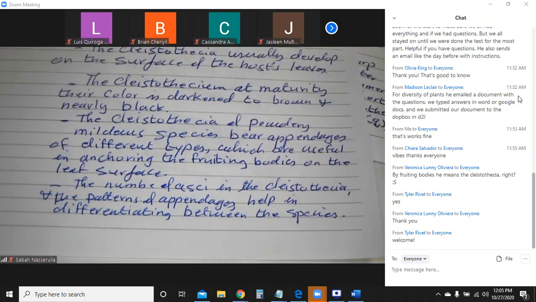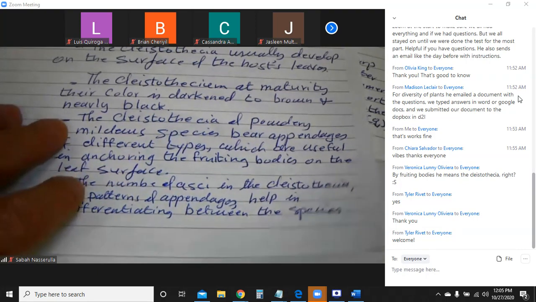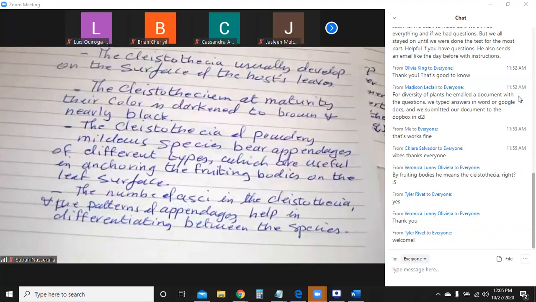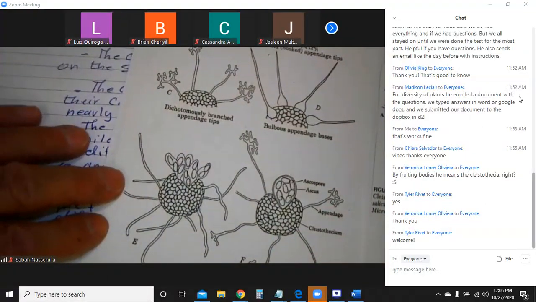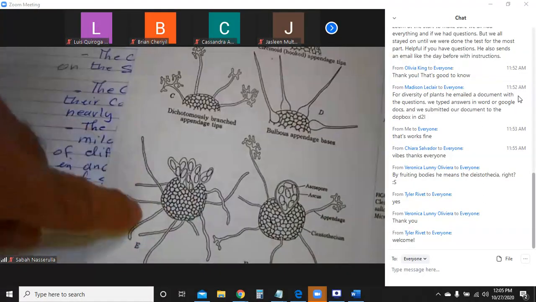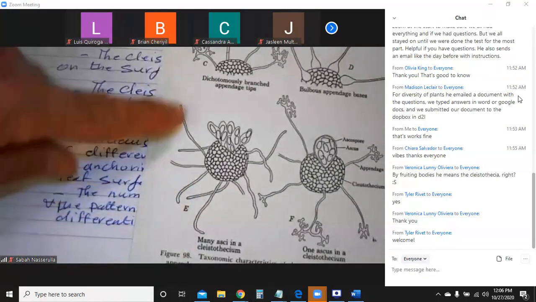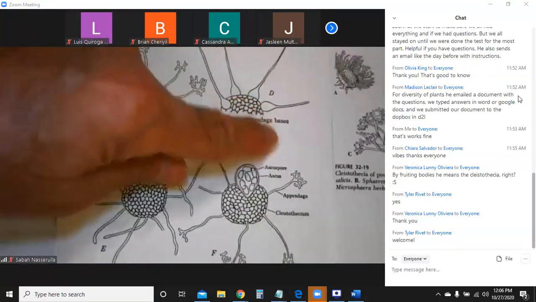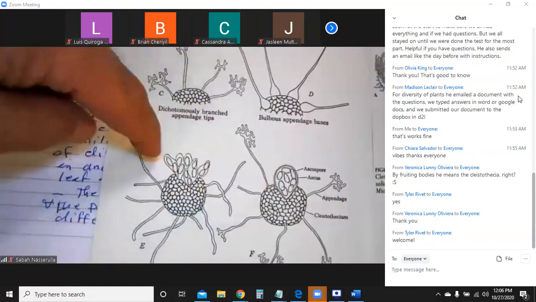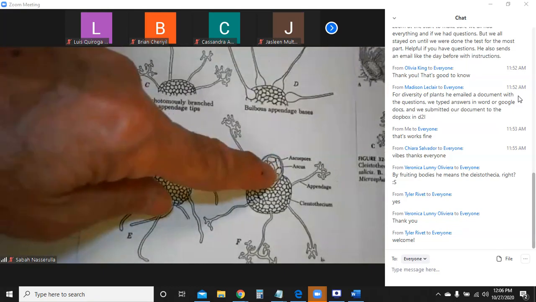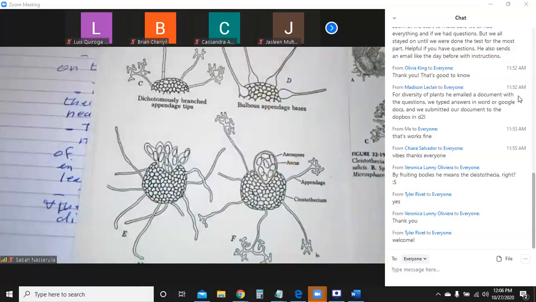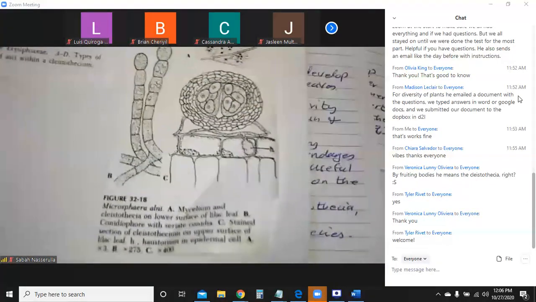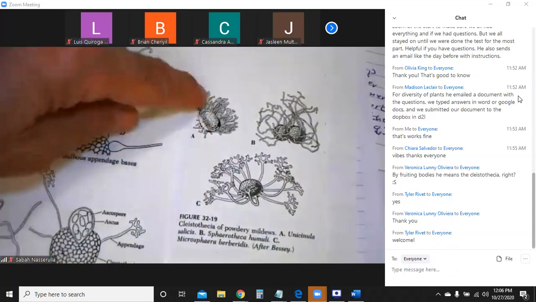As you can see here, if you have different cleistothecia, they show you the pattern of the appendages, the shape and type of the appendages, and also that some may contain more than one ascus, others only one ascus, and inside it the ascospores. Others look like this one here, some species look like this.